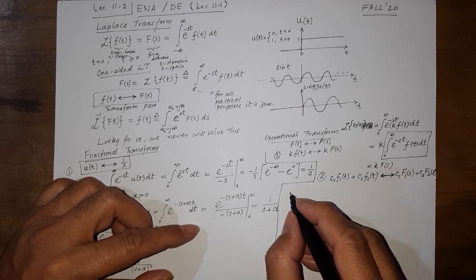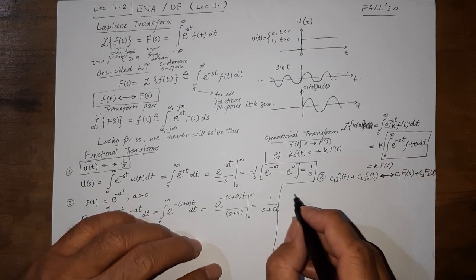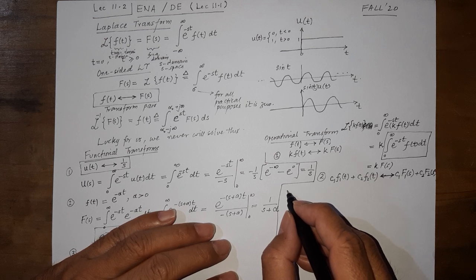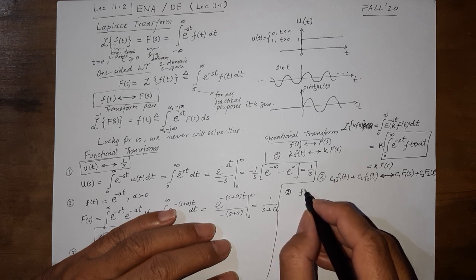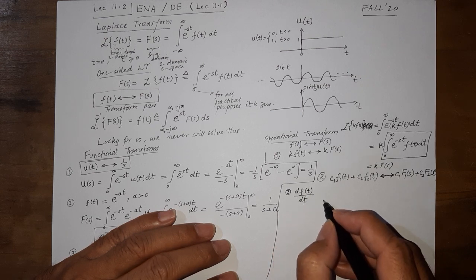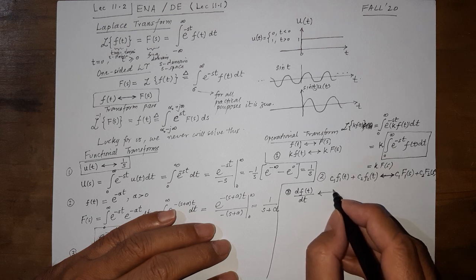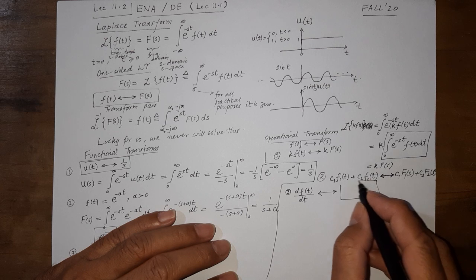Similarly, there are other things that are of our interest here, and one of them is what happens if the function f(t) is differentiated. What happens to its transform? Let us try to find this.